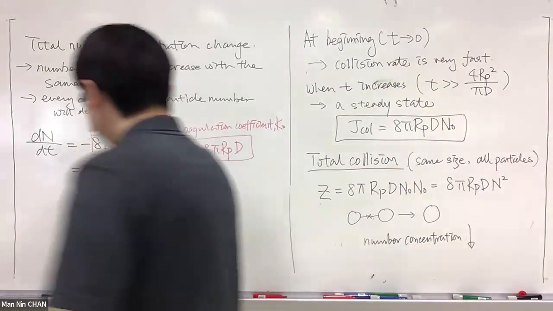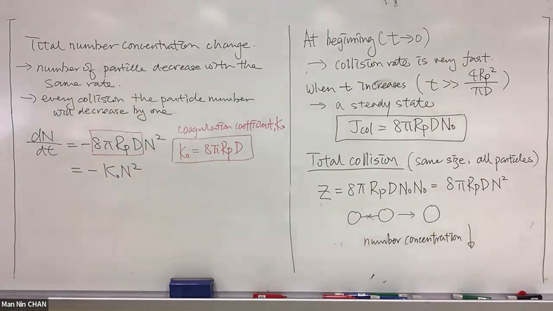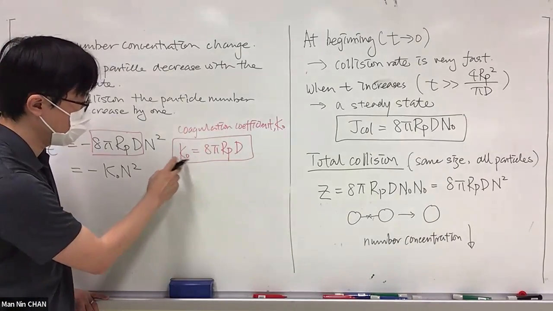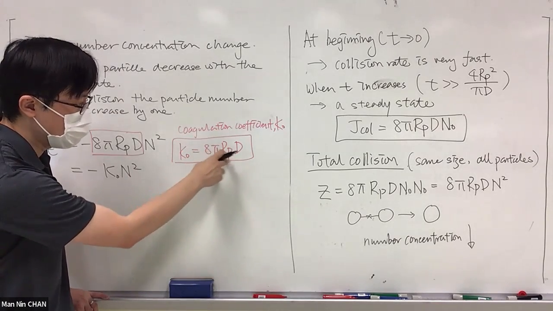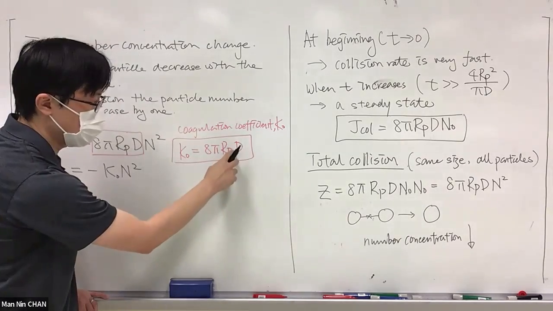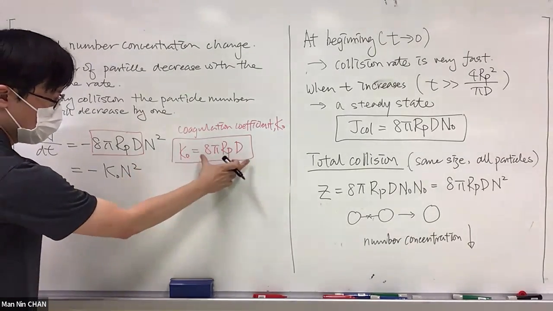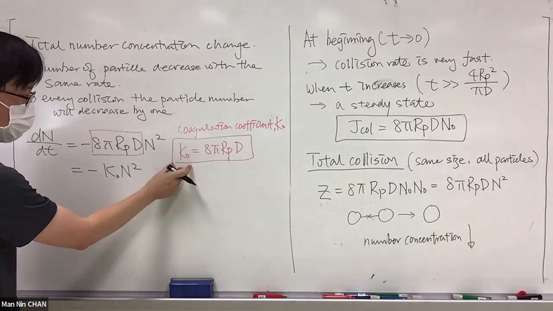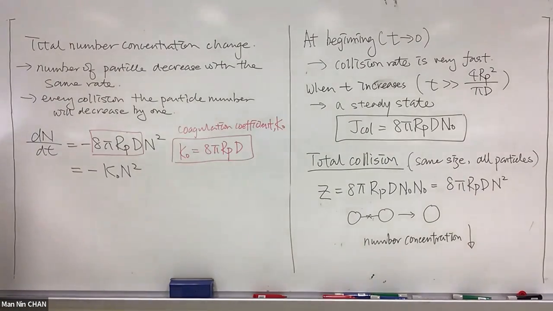Now we want to do some analysis to look at this term here. The coagulation coefficient K0 is equal to 8 pi RP D, where RP is the radius of your particle and D is the diffusion coefficient of your particle. Now we want to look at this term, the diffusion coefficient.